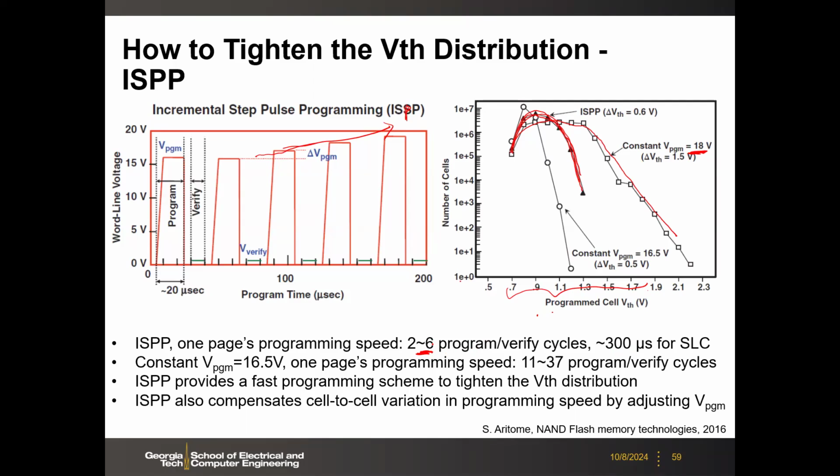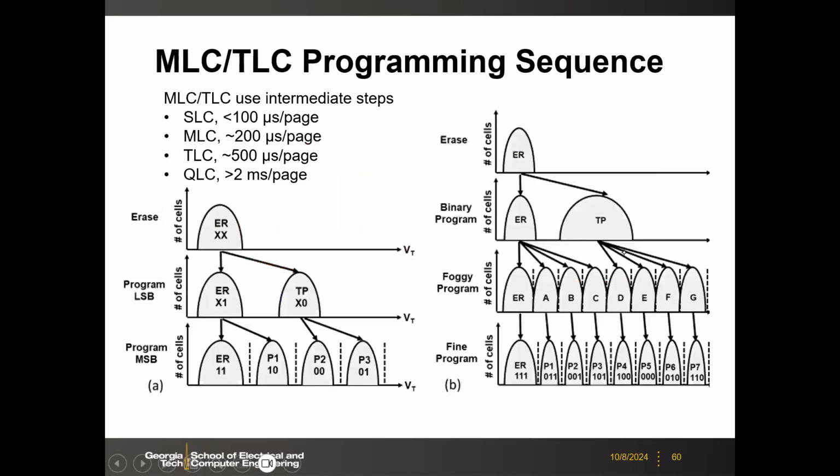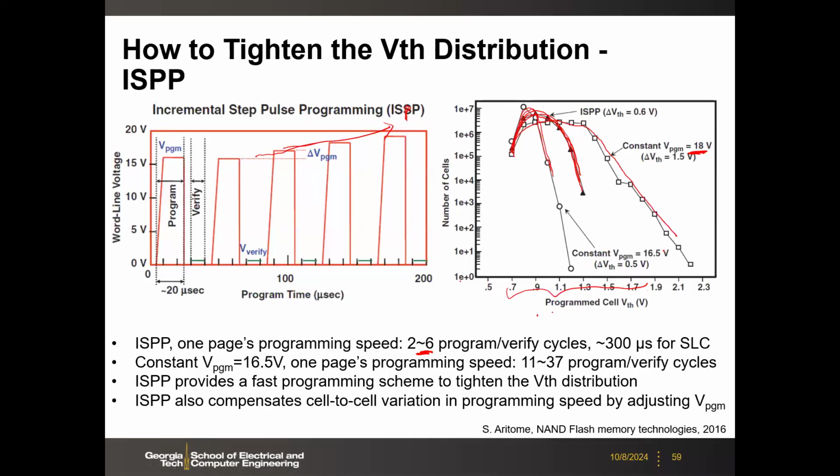And if you always use a small voltage, let's say 16.5 volts, and gradually move your value in very small steps, you can actually get an even better distribution.